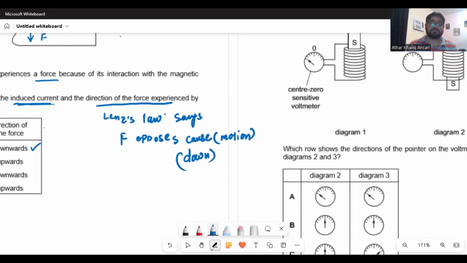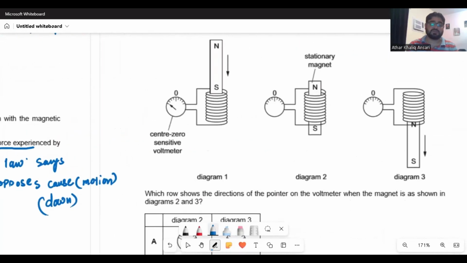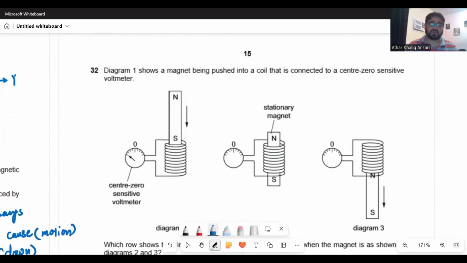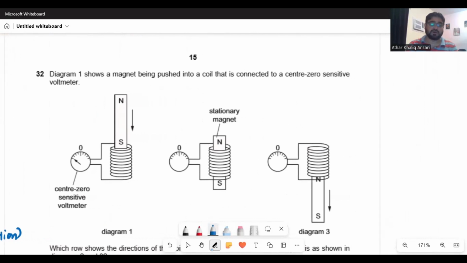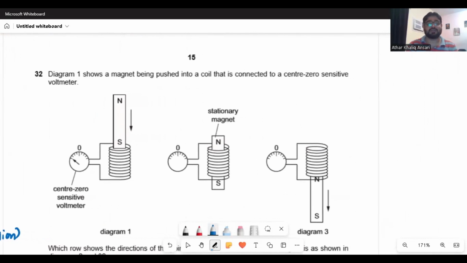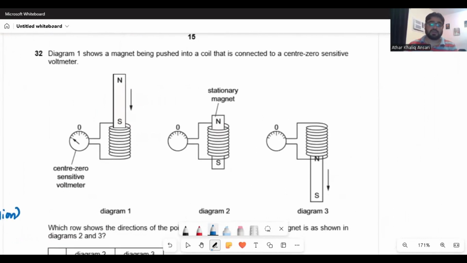Question number 32. We have a similar type of scenario. We have a bar magnet, and that bar magnet is getting into a coil, and this coil is connected to a center zero sensitive voltmeter. If there is no current, it will point toward the center, showing zero.